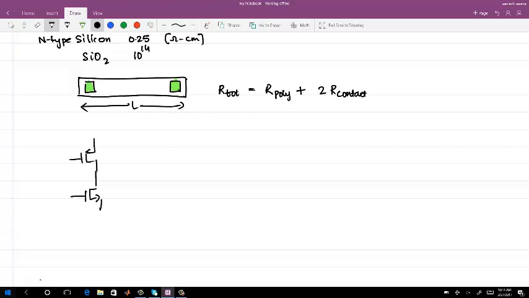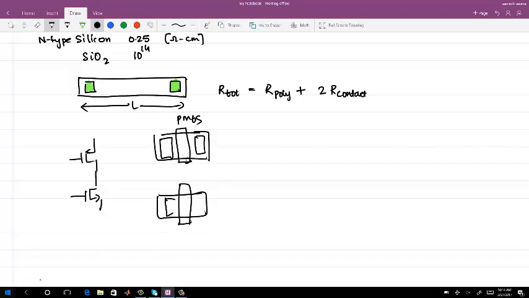I will lay out this PMOS and NMOS, and the two need to be connected with metal. So I will have a contact from the PMOS side. Let's say this is the PMOS gate, and one is source, the other is drain. Then I have NMOS here, another source and drain.